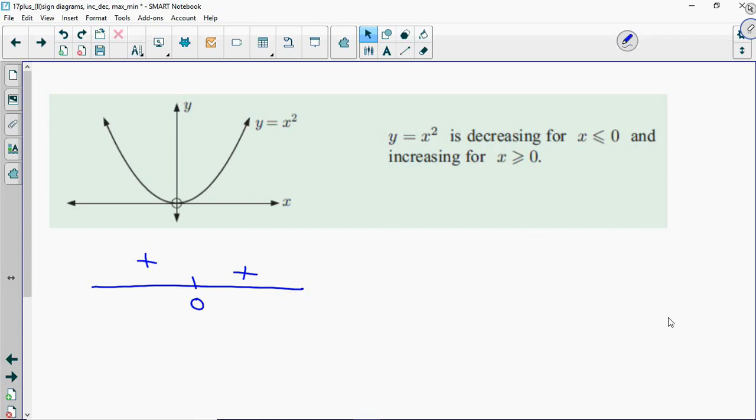There's a natural question to be asked here. The answer says that it's decreasing for x less than or equal to 0, and it says increasing for x greater than or equal to 0, which means that at x equals 0, this function is both decreasing and increasing. How is that possible? We're not going to get into it. This is really a great question in a calculus course.